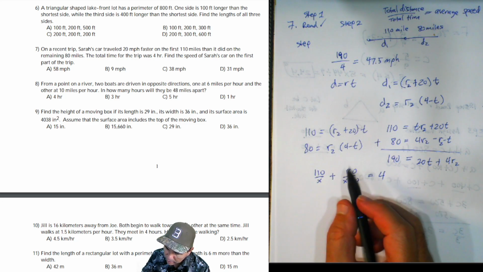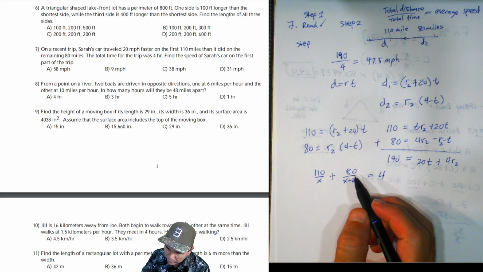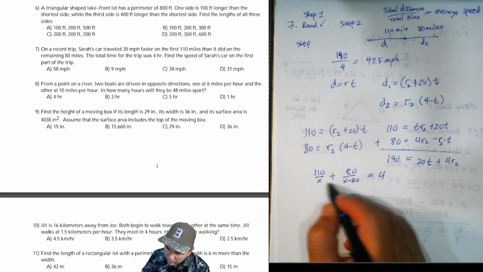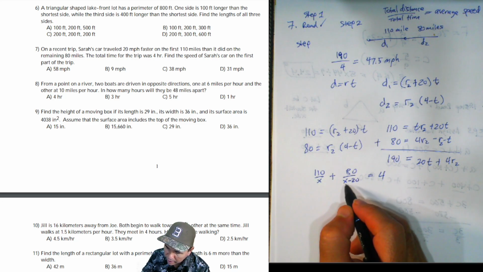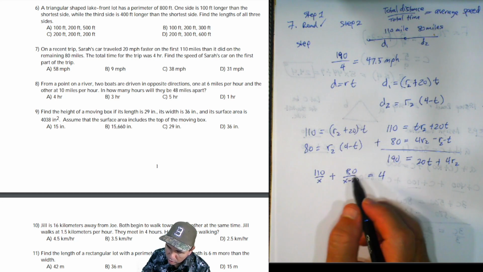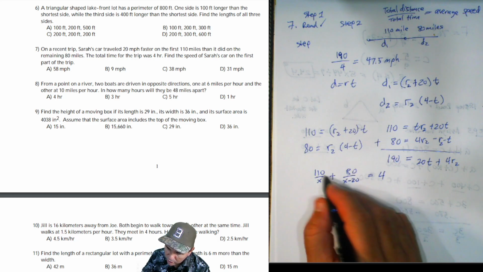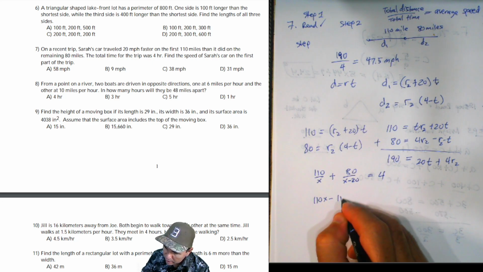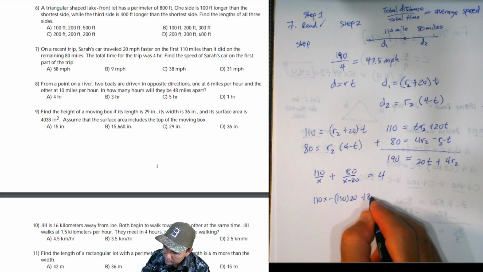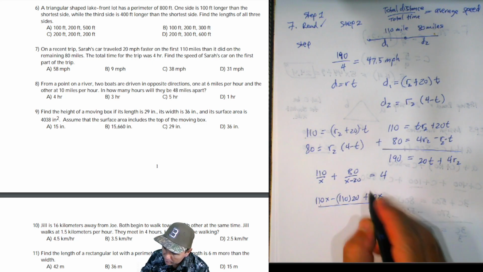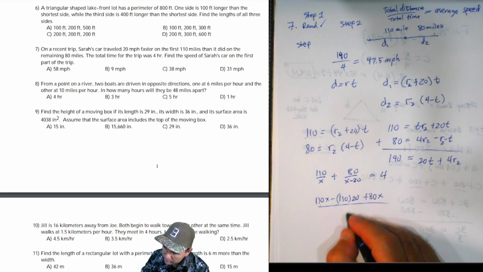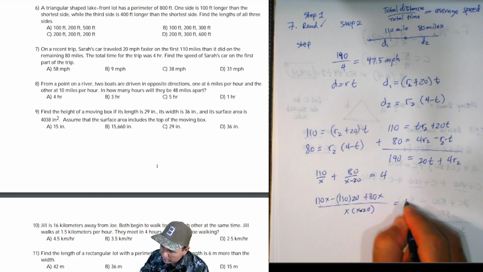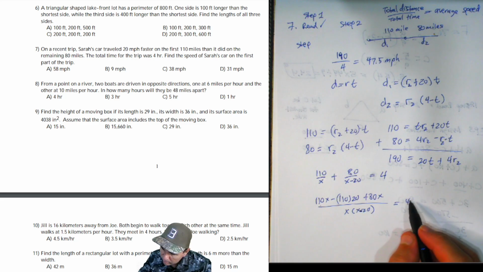So what we want to do is find a way to put these on the same denominator. So one way to do this is to just cross multiply like this. So 110x minus 110 times 20 plus 80x, and it's all going to be x times x minus 20, is equal to 4. And then I can cross multiply now.